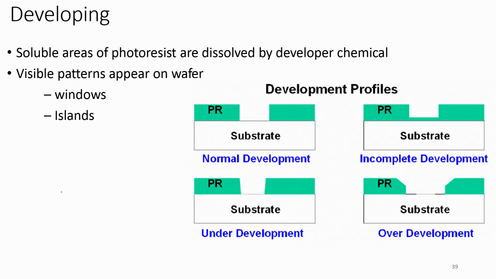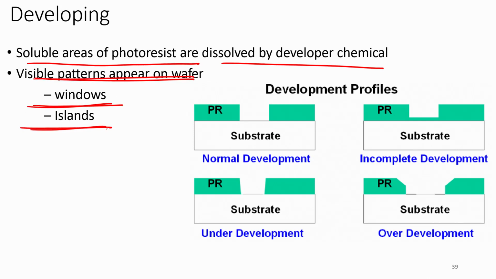How can we obtain them? By developing the photoresist in photoresist developer. The soluble areas of photoresist are dissolved by the developer chemical, and visible patterns appear on the wafer, either windows or islands, whatever we have designed.